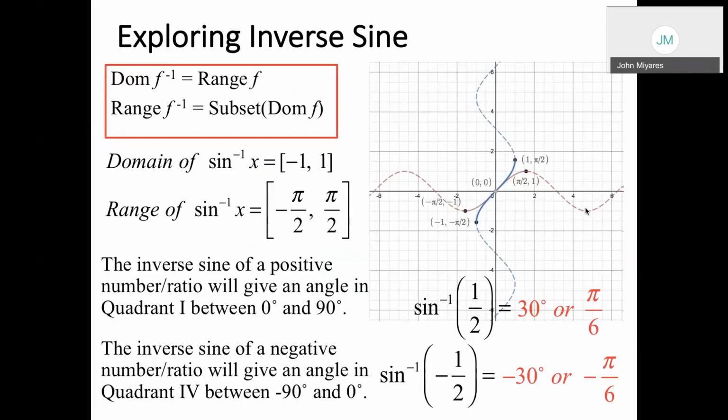But for all intents and purposes, the inverse function will only generate angles between -90 degrees and +90 degrees, or -pi/2 and +pi/2 radians. So while this sine function will continue going up and down forever and ever in both directions, the inverse sine function is just this small blue graph in the middle right here.